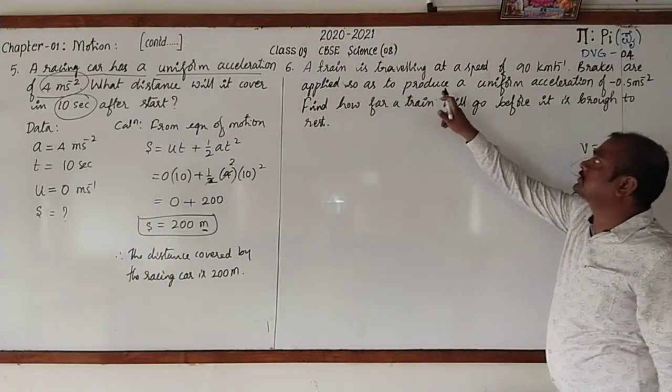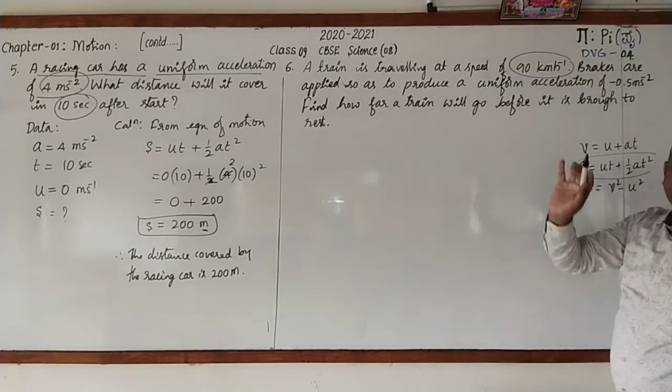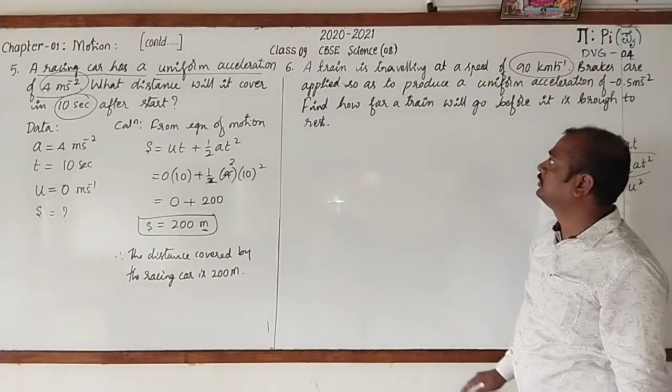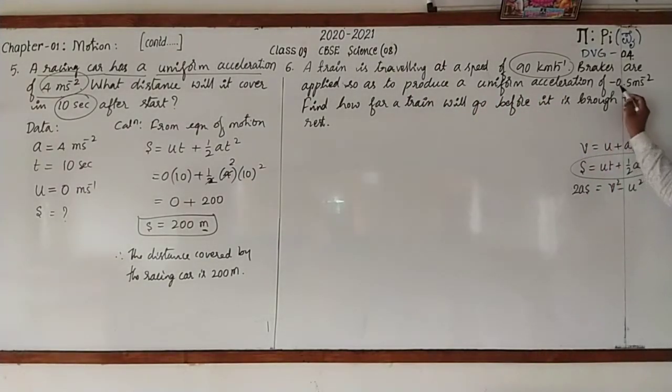A train is traveling at a speed of 90 km per hour. Brakes are applied so as to produce a uniform acceleration of minus 0.5 meter per second square.